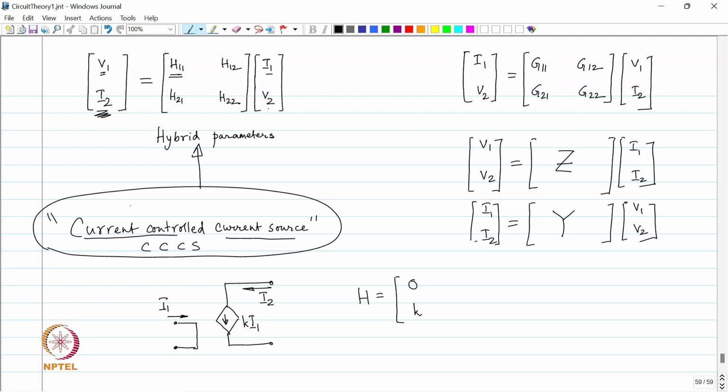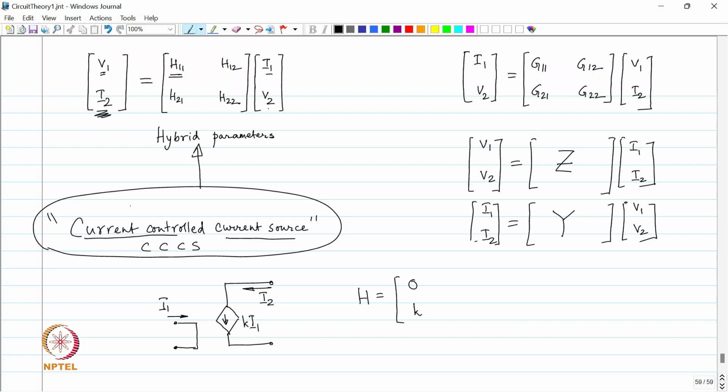Short circuit port 2. So, that is the first experiment. All right. Then push I1 equal to 1 ampere and measure V1 and measure I2. V1 is going to be 0. So, H11 is 0, I2 is going to be k times 1 ampere. So, H21 is k.